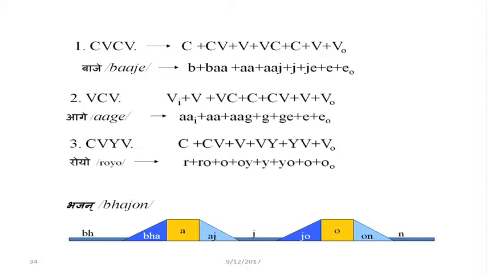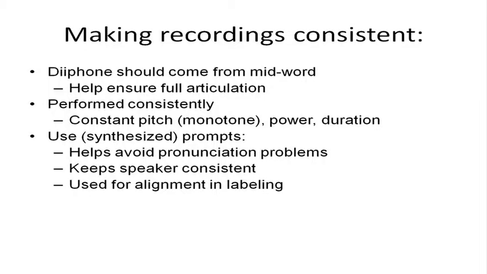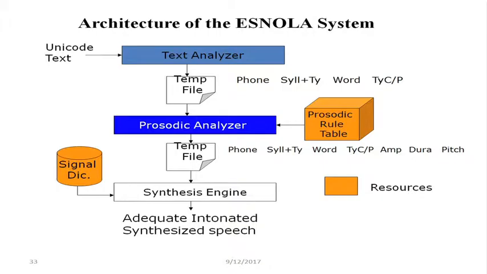If the segment is VCV, then I can generate it this way, and if it is CVCV, I can generate it this way. So, those rules are the synthesis part. Okay. So, this is called the ESNOLA based synthesis technique.